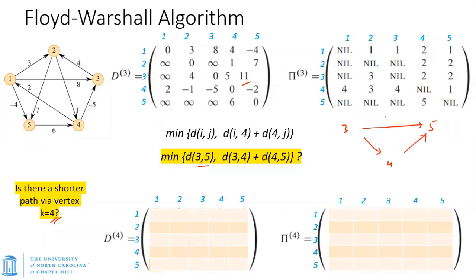So 3 to 5 is currently 11. 3 to 4 is currently 5. And from 4 to 5 is -2. So you're comparing 3 with 11, and clearly 3 is going to be better.